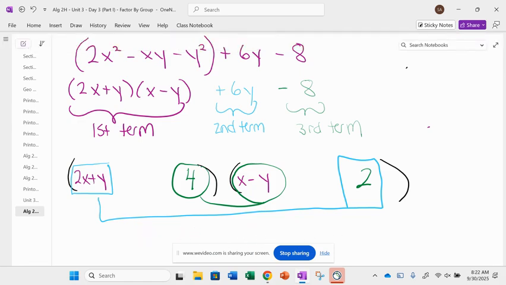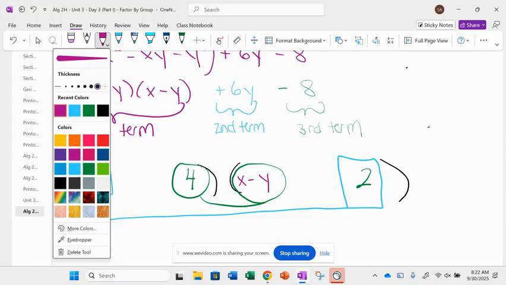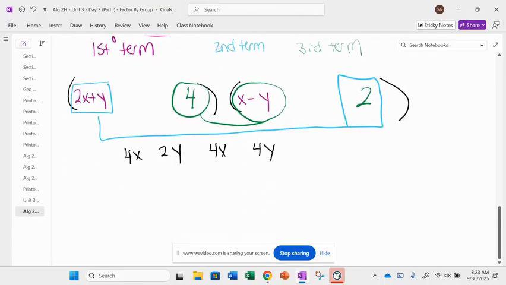All right, 2x plus y times 2 will give us a 4x and a 2y. 4 times x minus y gives us a 4x and a 4y. Is there a combination of 4x and 4x that can cancel?